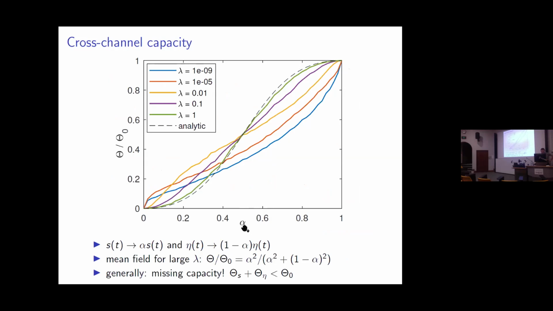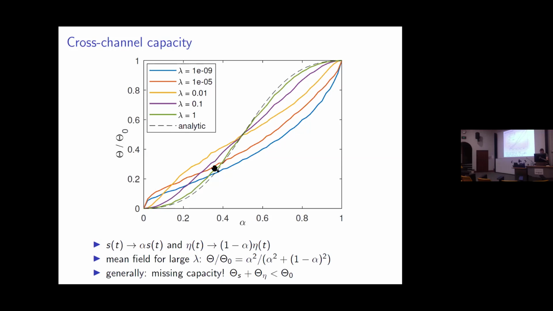That means the information signal S of t now comes with a weight alpha S of t, and the perturbation signal eta of t comes with 1 minus alpha. This way we can tune the gains between just one signal or just the other signal. And we measure this capacity and normalize it by the total capacity that we would get if repeating both of them simultaneously.